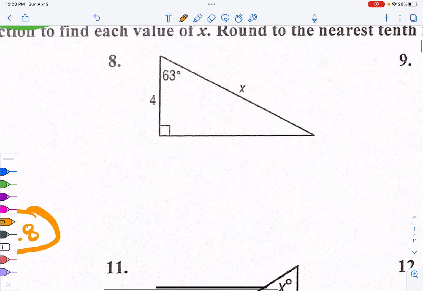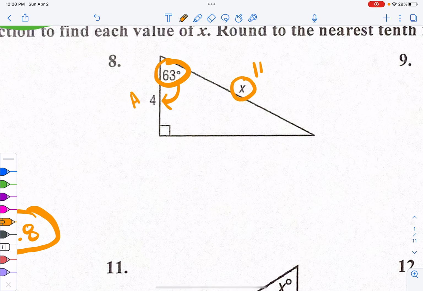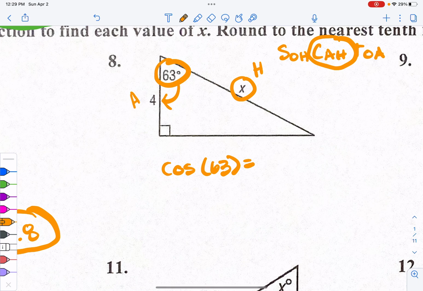Number 8's the same way, so we've got 63 degrees. We've got to decide: 4 is the adjacent side, and x is the hypotenuse. So out of the SOHCAHTOA, I'm going to use cosine. All right, so we do cosine of 63 equals, and the A goes on top and the H goes on bottom, so 4 over x.